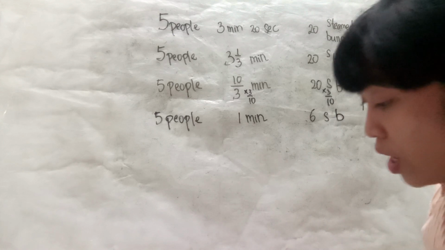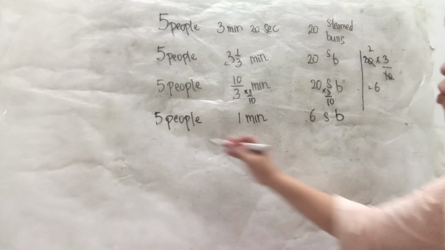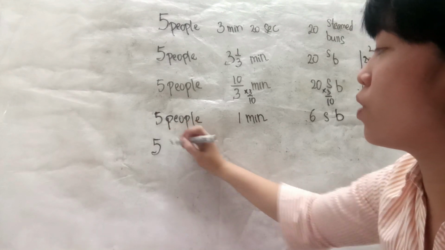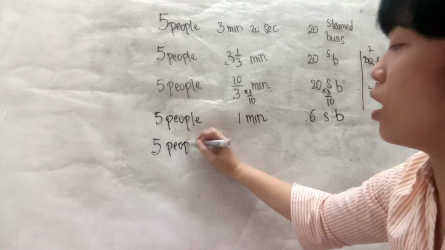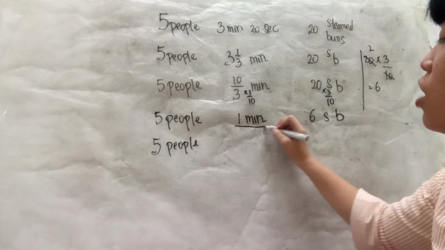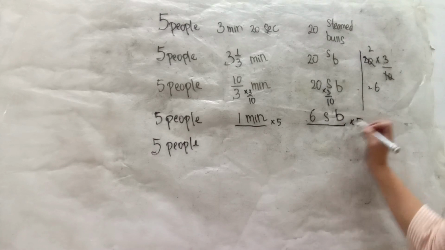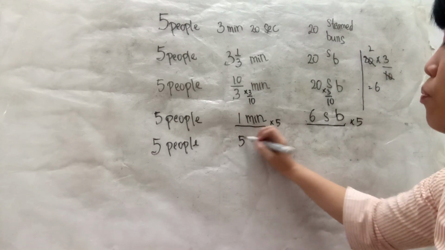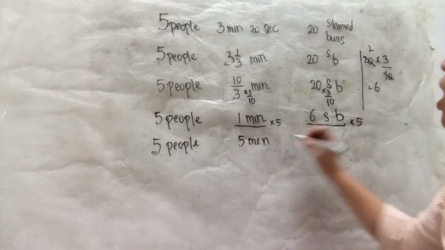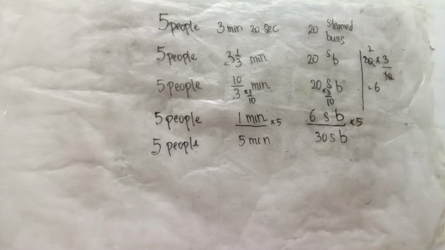Now you want to find for 5 minutes. How to make it become 5? Of course, just multiply it by 5, right? So if you multiply this by 5, this also you must multiply by 5. So 5 people in 5 minutes will eat 30 steam buns.